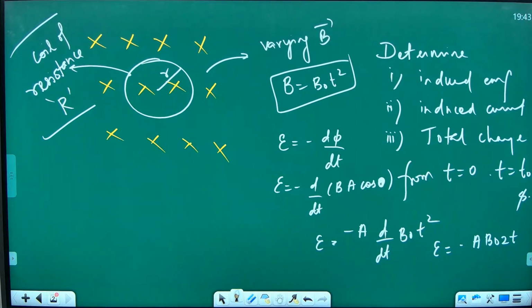This is the value of EMF, minus 2 B naught A into t. And from where to where they asked? From t is equal to 0 to t naught. So maximum value you will put t naught here. If you want, write pi r square, your wish. If somebody is writing pi r square into B naught into 2 t naught, they are also correct. Nothing wrong in that.